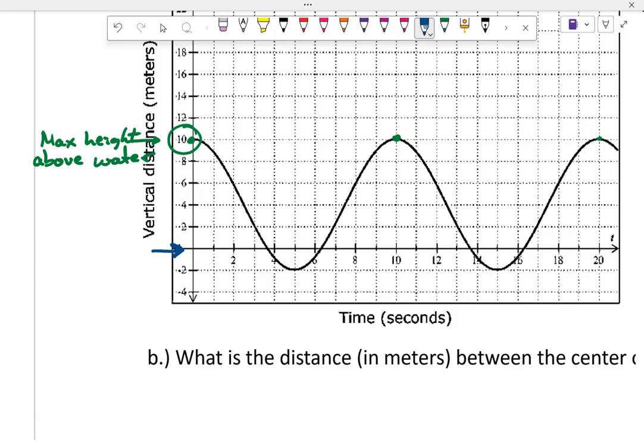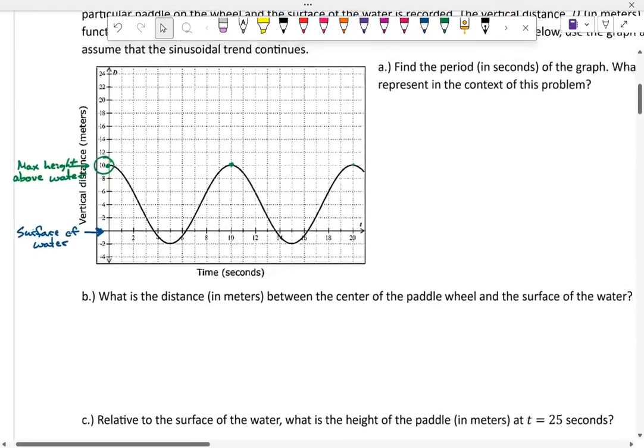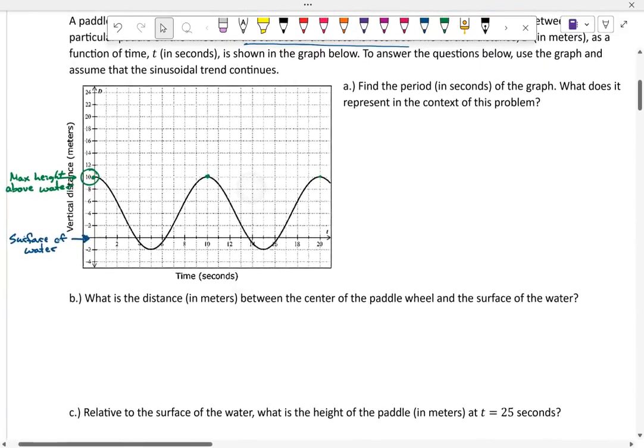Makes sense, right? So we're at our max height, but then our height is decreasing until it hits 0. And if we have a height of 0, that would be the surface of the water. So in these, we have this sinusoidal function, and we want to start applying the context to our problem. Okay. So we have our max height, we have the surface of the water.